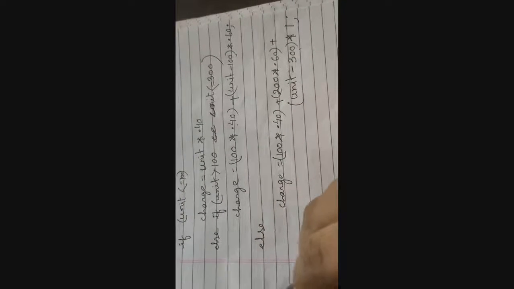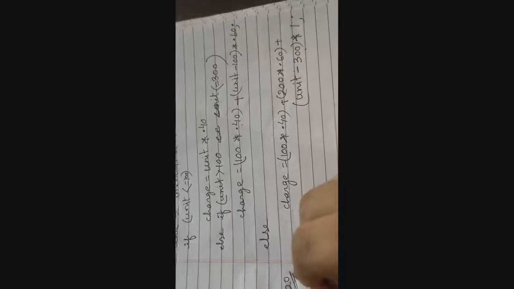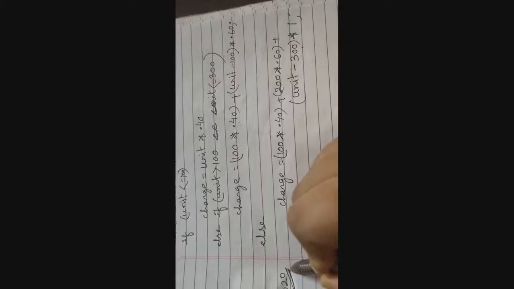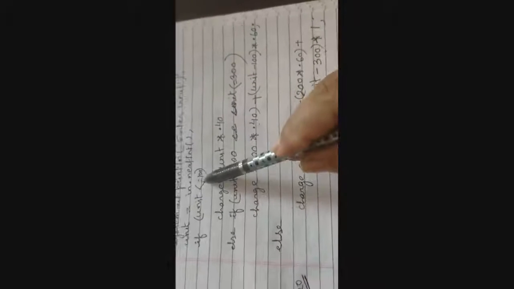Actually, if I have entered 320 units, then this 320 is not less than 100, so it is not coming over here. Now it is greater than 100, that is true, but it is not less than 300, so it will not come here. Then it will come directly to the else part, and in the else part for the first 100 units I will pay 40 rupees per unit.